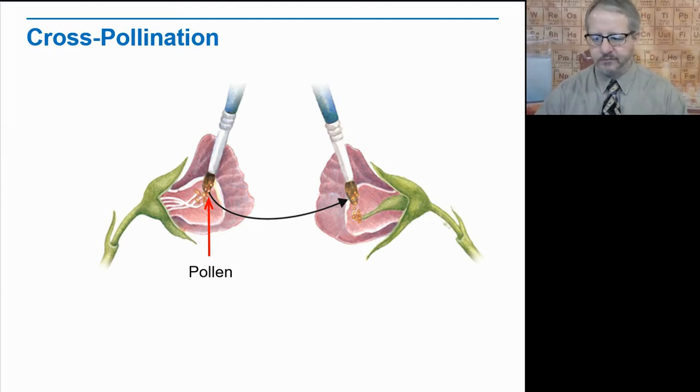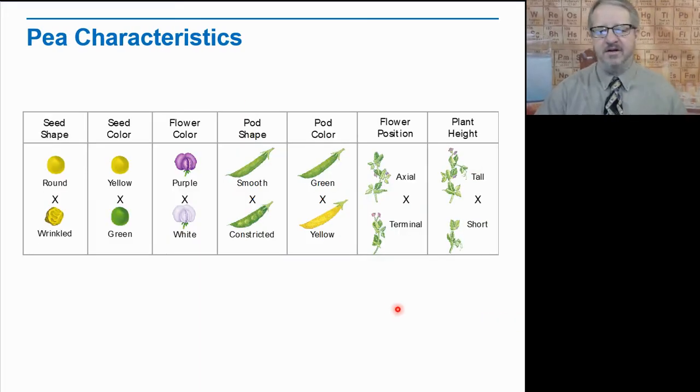Okay. All right, so here are some pea characteristics, and Mendel looked at 7 different characteristics that you find in pea plants. His goal was to look for patterns in those traits across generations. Now, in Mendel's day, of course, the terminology we use of genes, alleles, and chromosomes was all unknown. They didn't use those terms. But he knew that some plants produced a round seed and some produced a wrinkled seed. Some of them were yellow, some of them were green.